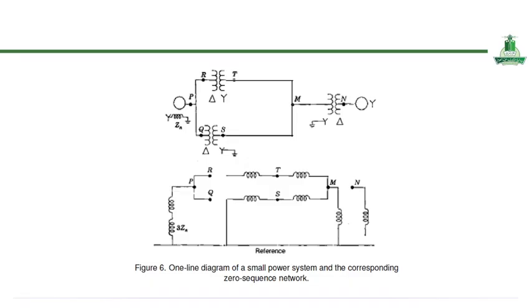Additionally, buses that are not effectively grounded or are isolated by delta windings appear as open circuits in the zero sequence networks, and this representation is particularly useful for fault analysis, as it allows you to determine the path and magnitude of ground fault current with greater clarity, highlighting the strong dependence of the zero sequence behavior on transformer connections and grounding practice.